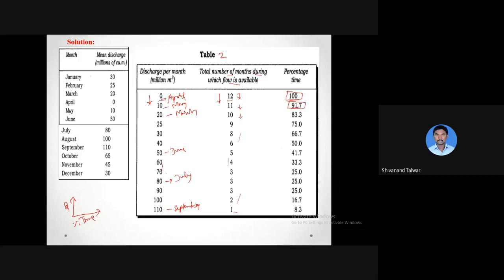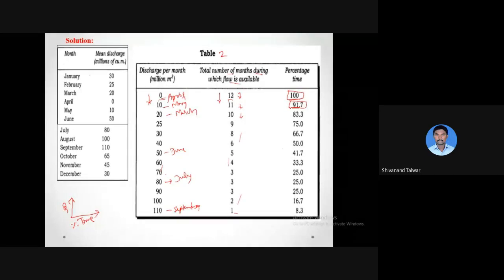So 91.7 value कहाँ से आ रहा है? That is 10 divided by 110. कितना आएगा? Can anyone say 10 divided by 110? The value 10 divided by 110.